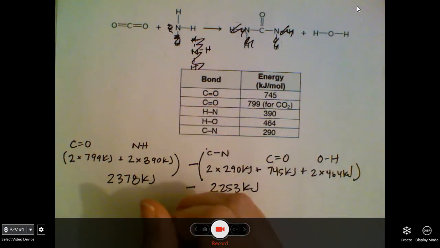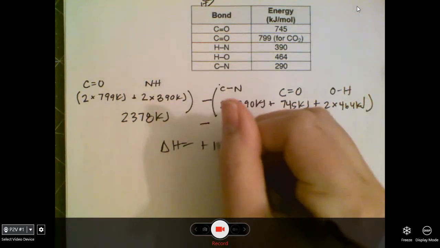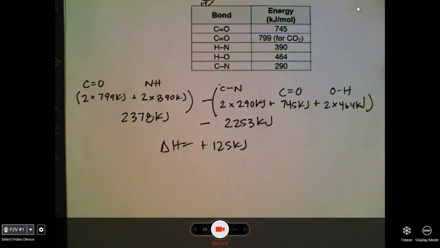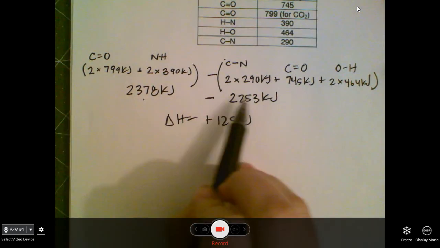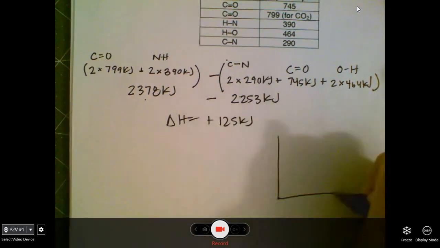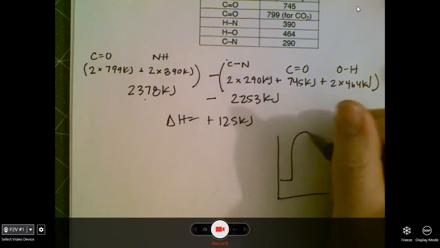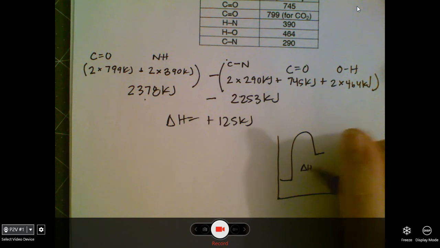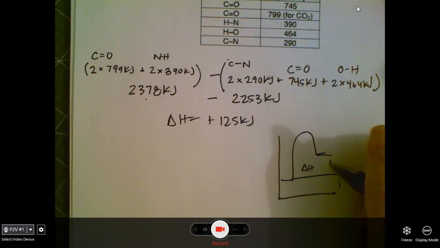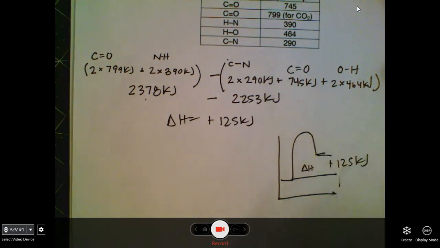And so my enthalpy change is going to be positive 125 kilojoules in this case. So that means that in this case, I got to put in more energy to break than I get back out. And so this is an endothermic graph. Okay, my delta H is the difference between these 2 points here, and that's a positive 125 kilojoules.